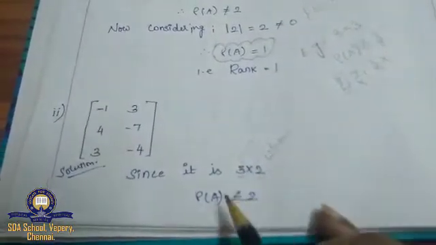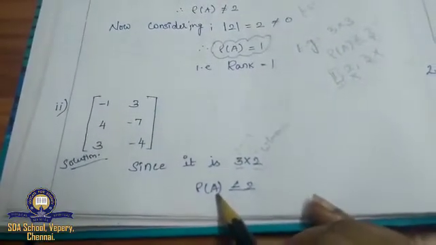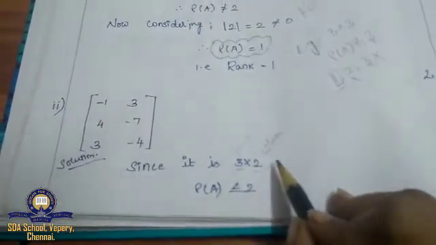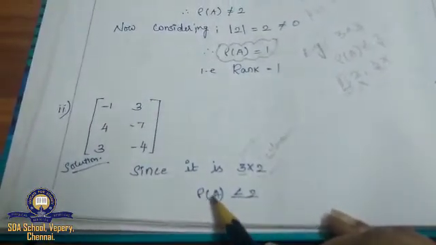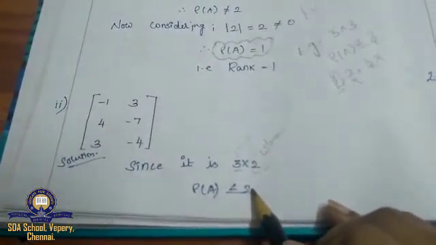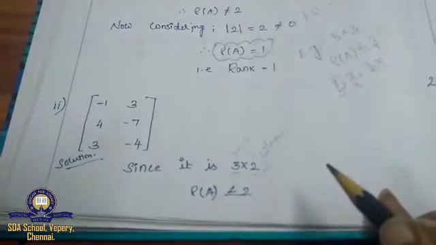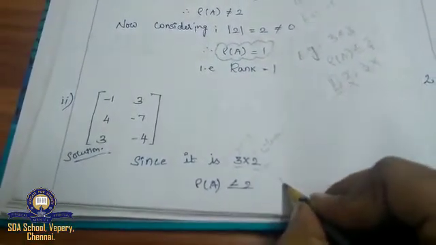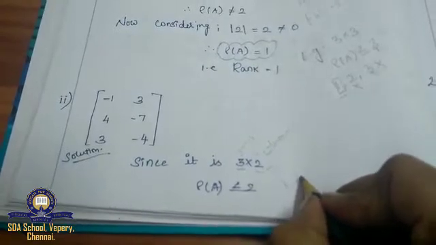So now what does my rank of A become? Rank of A should be less than or equal to 2, since here it is 2. So what is my possibility? What ranks will I be getting? Either my rank will be 1 or it will be 2.